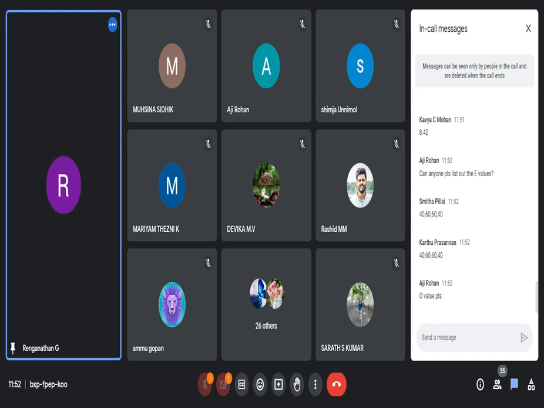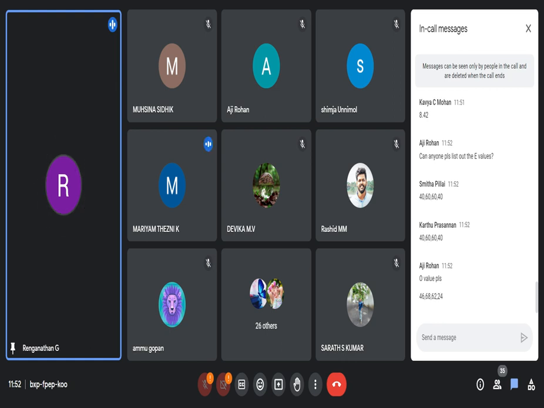O value. It's given in the question, isn't it? O value is given in the question, Aji. O value is given in the question: 46, 68, 62 and 24.